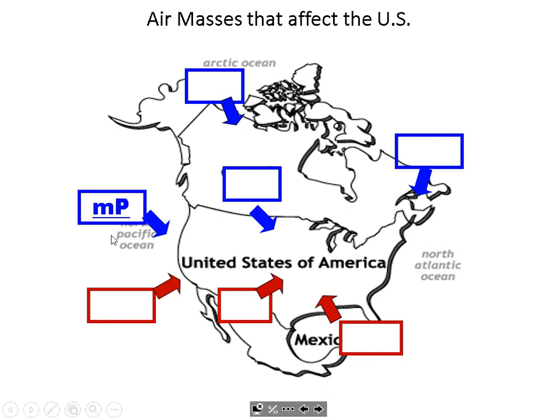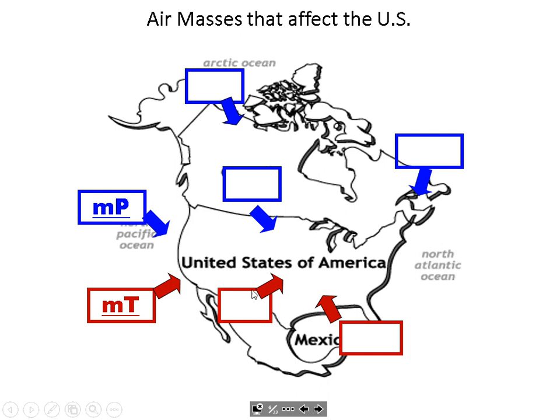It's forming over the ocean with colder temperatures. And that affects the northwestern coast of the United States and up here along the Canadian coast and into Alaska. The southern part of the Pacific Ocean, the temperatures are warmer. So this is the maritime tropical. This is going to come in and affect the southern coast of California, parts of the Baja Peninsula.